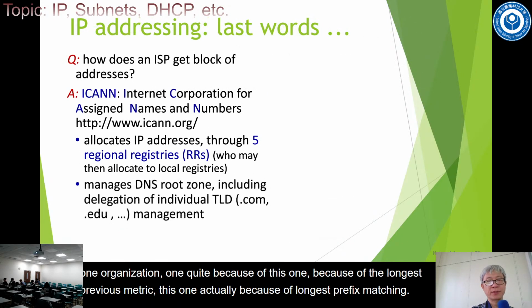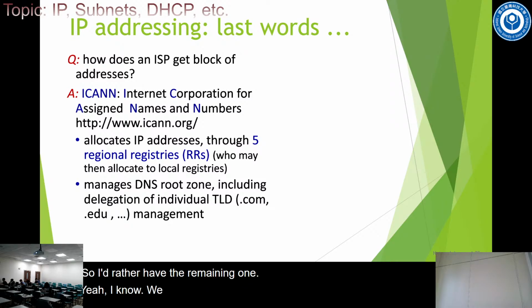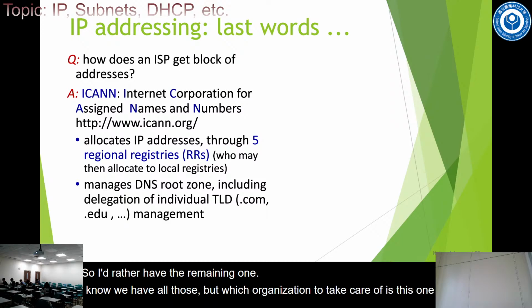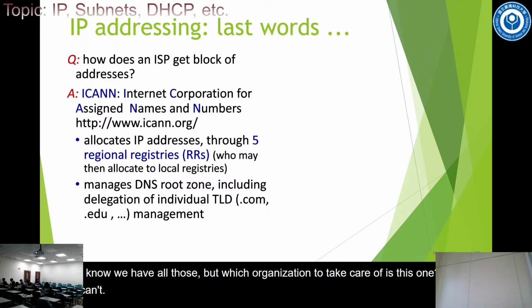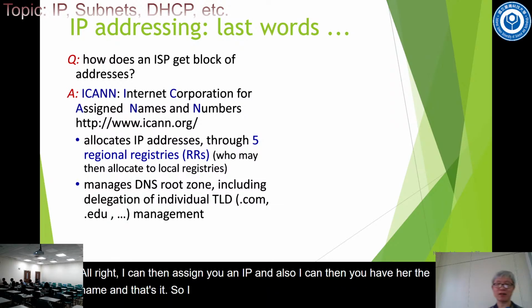I already have the remaining one. We can have all of those, but which organization takes care of this? ICANN. ICANN assigns you an IP, and that's it. So I already have the information about this.